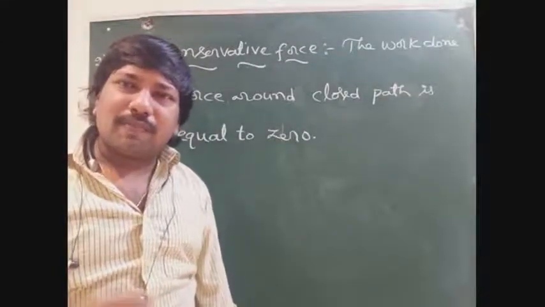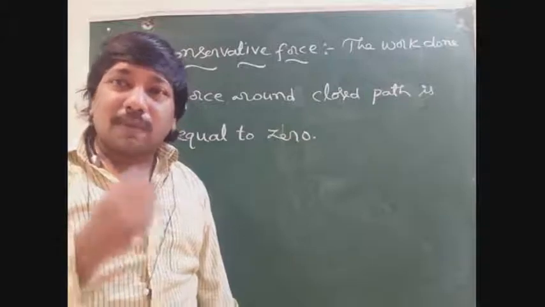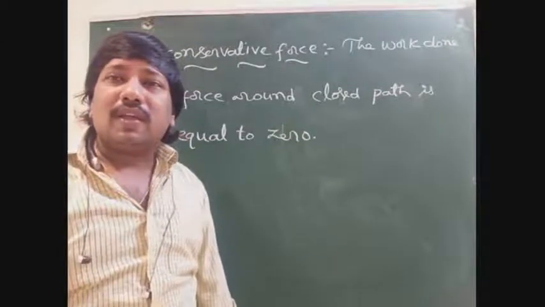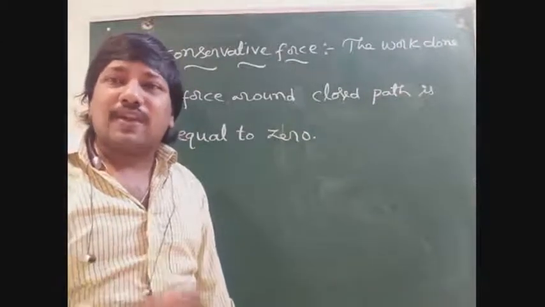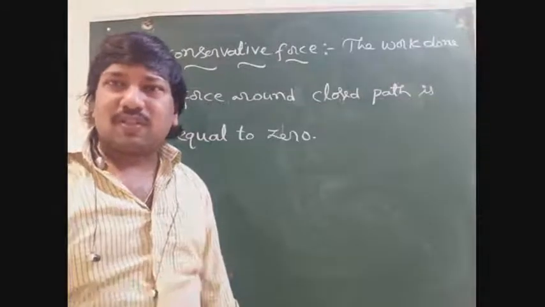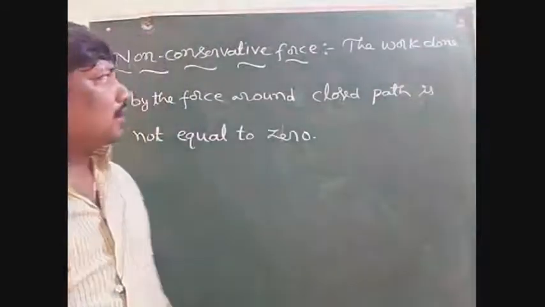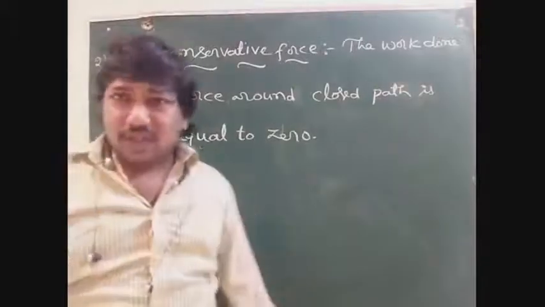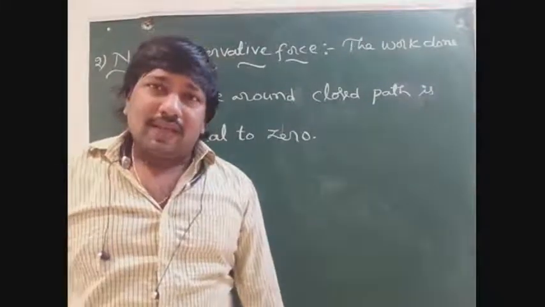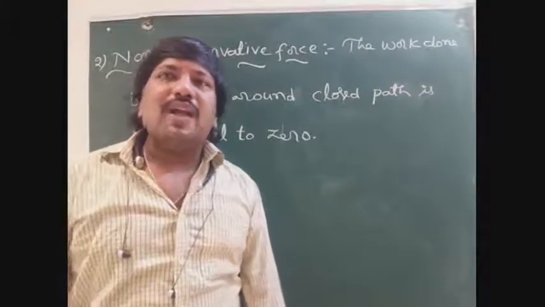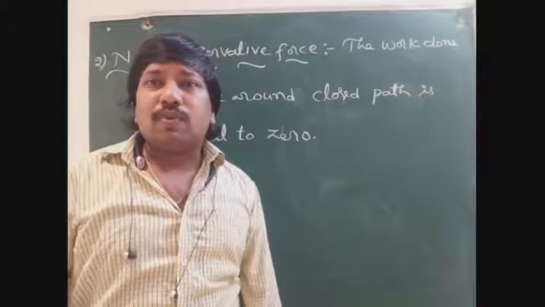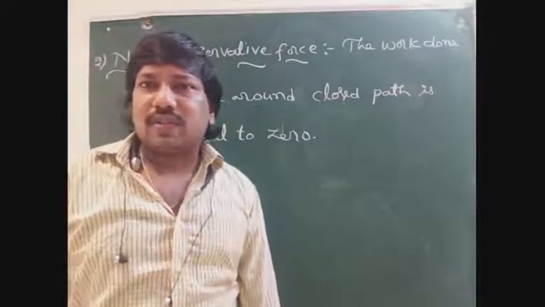Non-conservative forces mainly depend on the path followed by the body, but are independent of the points of location. So what are the examples of non-conservative forces? Frictional force and viscous force are examples of non-conservative forces.